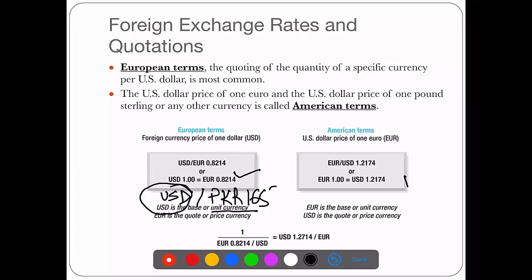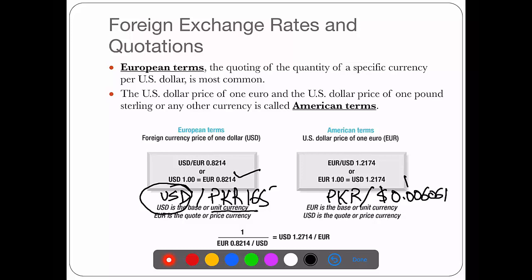In case of the American term, we are buying 1 unit of any other currency by paying certain units of the US dollars. So in this case, you take the reciprocal of 165. In other words, if we divide 1 by 165, it will show us that in order to buy 1 unit of Pakistani rupees, we need to pay 0.006061 US dollars.